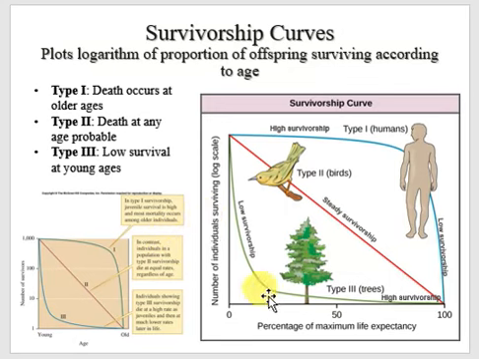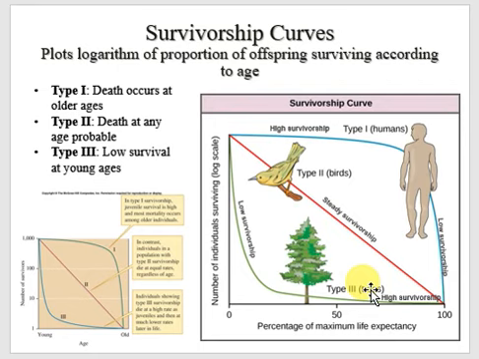There's low survivorship in early years. Once these individuals get past this horrible point in life and reach maturity, their probability of survival increases. So there's actually high survivorship as age increases to a certain degree.